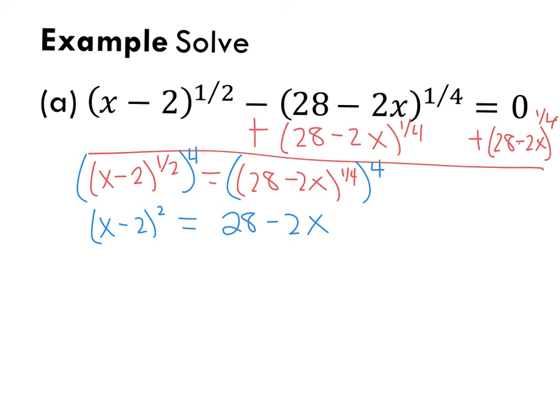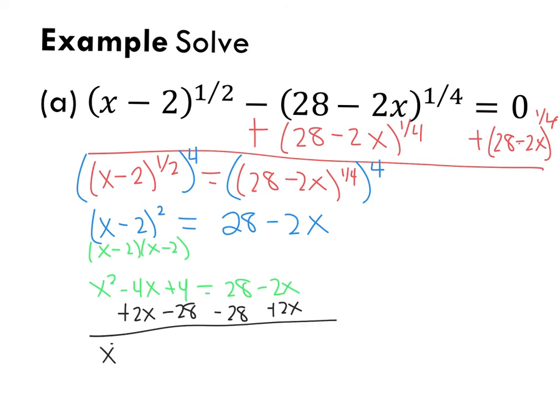Now, remember x minus 2 squared? I'm thinking x minus 2 times x minus 2, which is x squared minus 4x plus 4. And then it becomes a quadratic for us to solve. So we're going to add 2x to both sides and subtract 28.